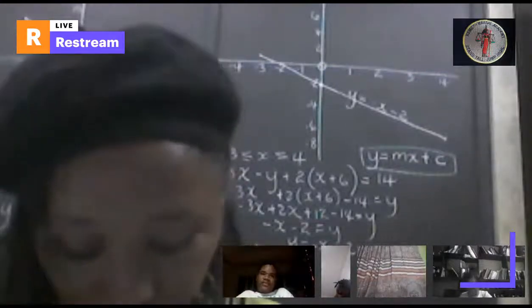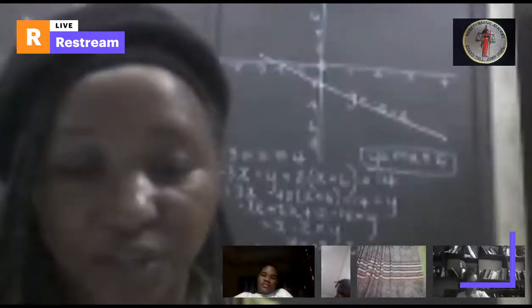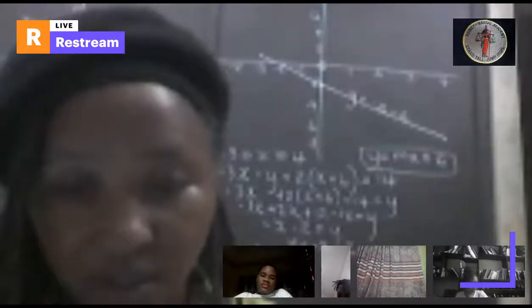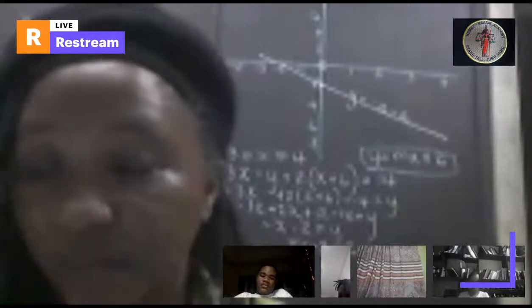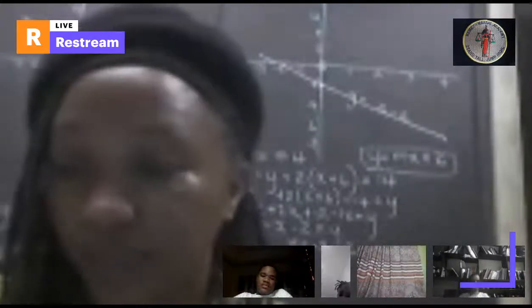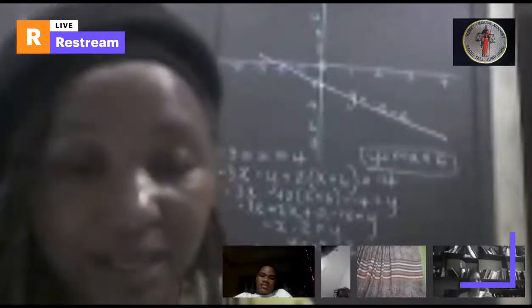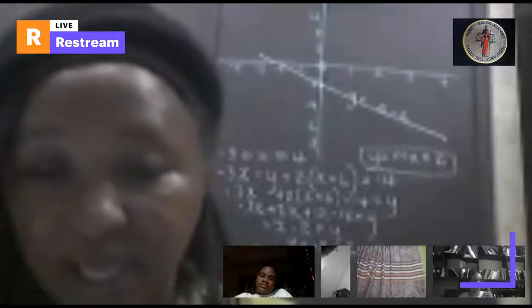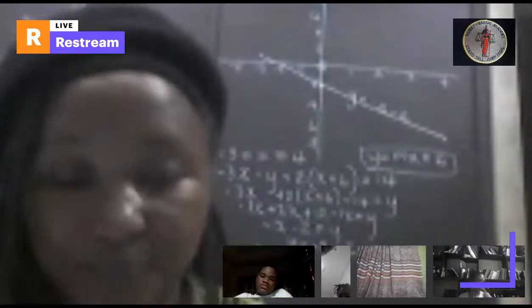Yes, Miss. And what's the term that we give for that? There's a term that I used. The y-intercept. Say that for me, the y-intercept. The constant term is the y-intercept. It tells us where the line will cross the y-axis.